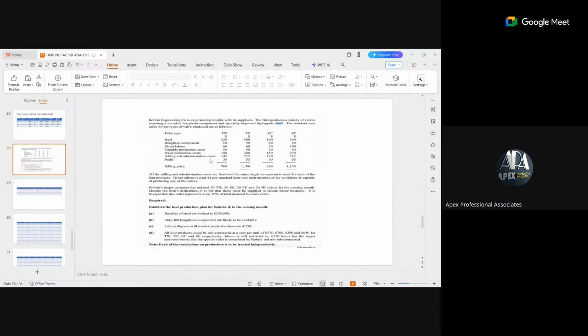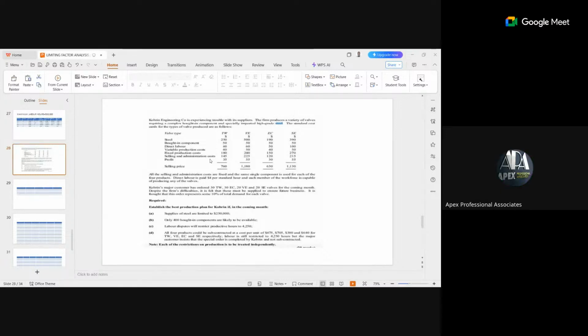So that's $4 per standard hour, and each member of the workforce is capable of producing any of the valves. Now, Cobrain's major customer has ordered 30 TW, 30 EC, 20 VE, and 20 SE valves for the coming months. Whenever you see this in a question, it means this major customer must be given preference.